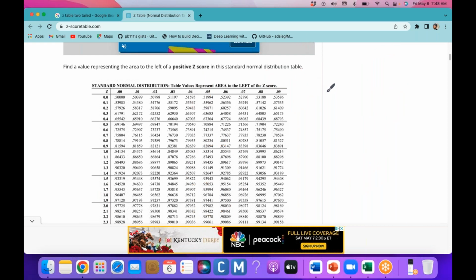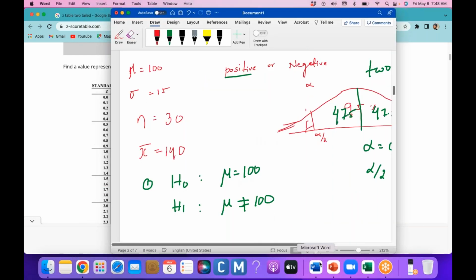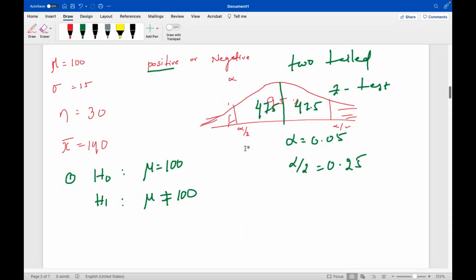Is it clear my point? So from the Z table, what are my critical values? Tell me. What are my critical values? Anyone?